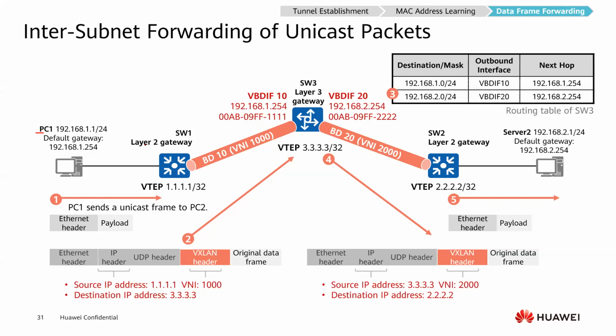And then switch 3 will forward the packet by the routing table. It will find that it is a direct route, so it will try to find the IP address and then the MAC address. And switch 3 will realize it should be forwarded to switch 2. After switch 2 receives this packet, it will find that this packet should be forwarded to server 2.